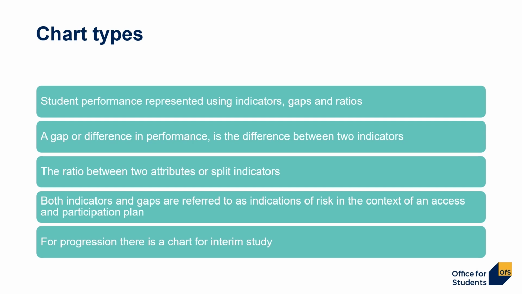For example, the gap between a continuation rate of 98% for students without a reported disability and 95% for students with a reported disability would be 3 percentage points. A ratio is the ratio between two attributes or split indicators within the same student characteristic or split type. For example, you could be looking at the completion ratio between young and mature students.